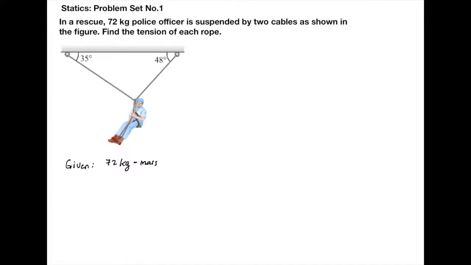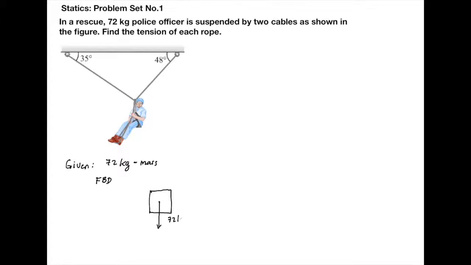Next, for us to analyze this problem, we have to draw first the free body diagram. Now, this free body diagram will represent it as a box. And then we have to take note that the man is 72 kilograms. So the mass of the man is 72.